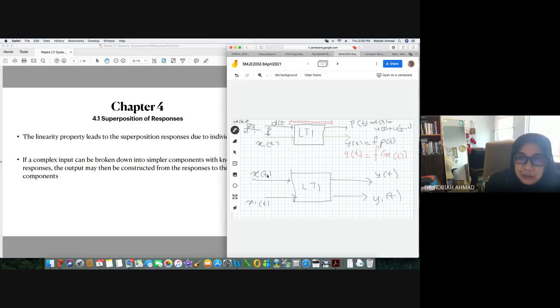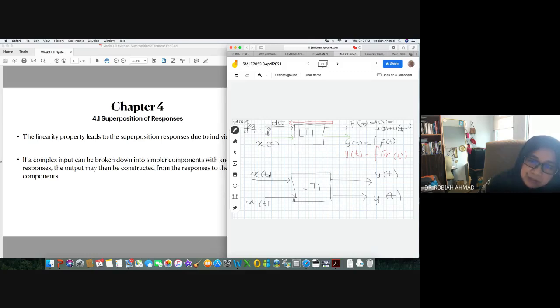So now we have a different type of input, a little bit more complex than the one we learned in chapter 3. The step is also the same, so we can determine y(t). In this case with a slightly more complex input, we find the relationship.